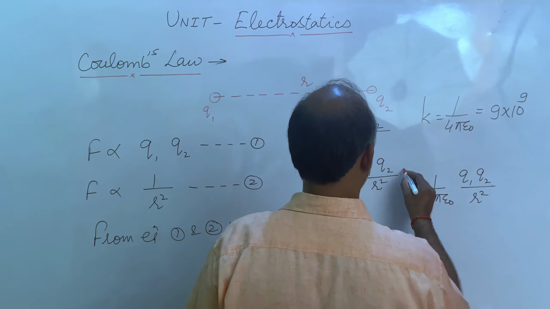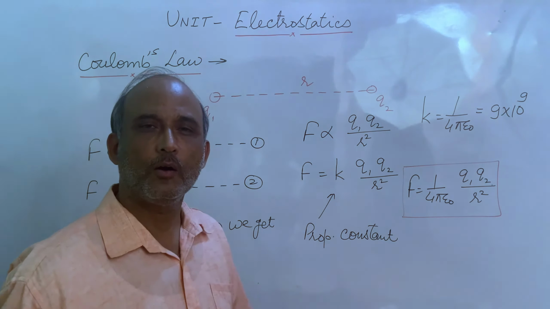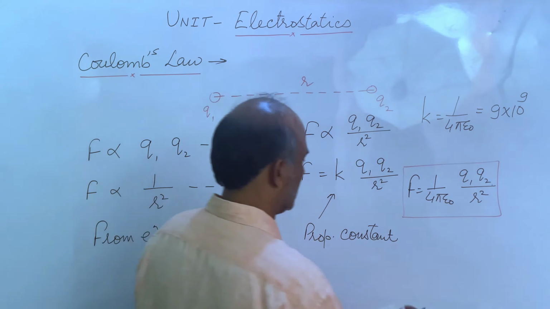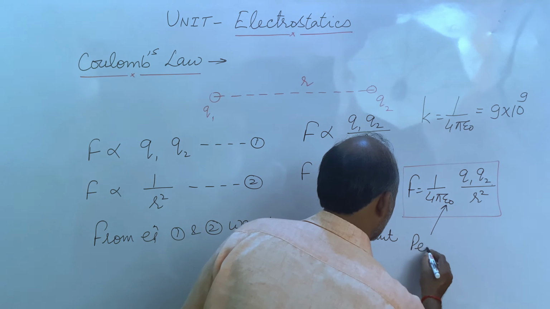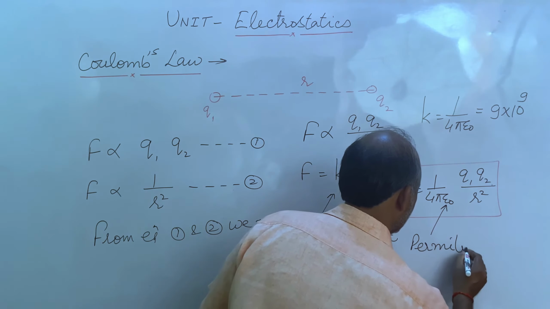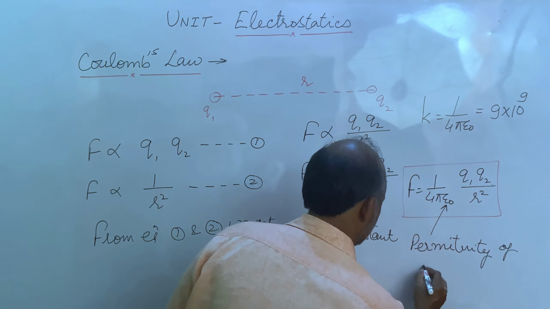It is Coulomb's law, where epsilon naught is the permittivity of free space.